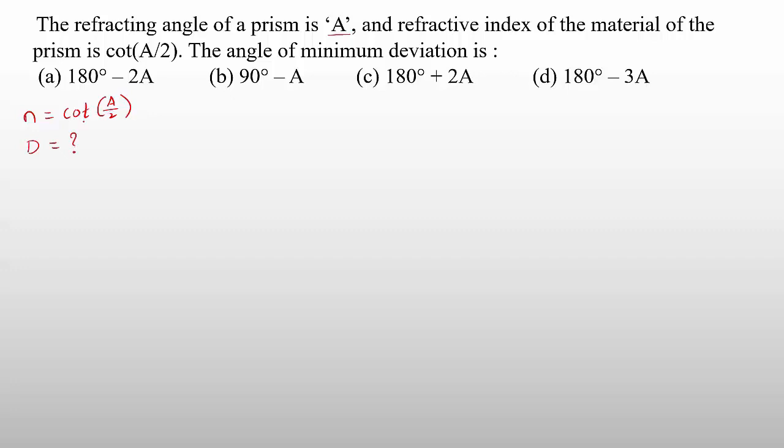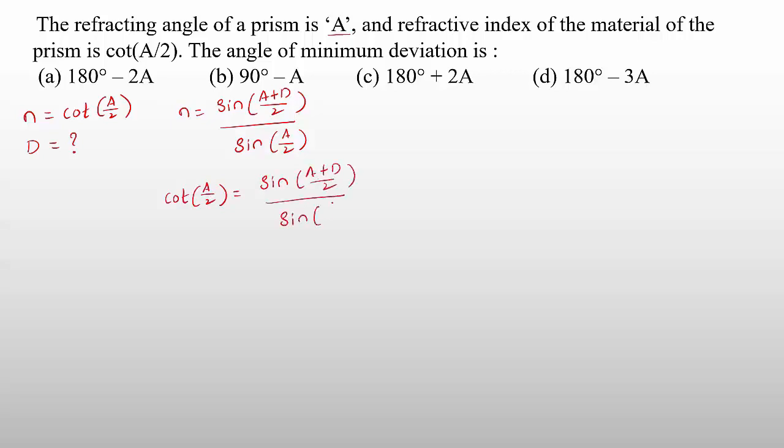Now directly we can use the equation n equal to sine of (A plus D) divided by 2 whole divided by sine of A by 2. This relation we can use to calculate the angle of minimum deviation. So in place of n we can write cot of A by 2 equal to, RHS keep as it is, sine of (A plus D) by 2 whole divided by sine of A divided by 2.